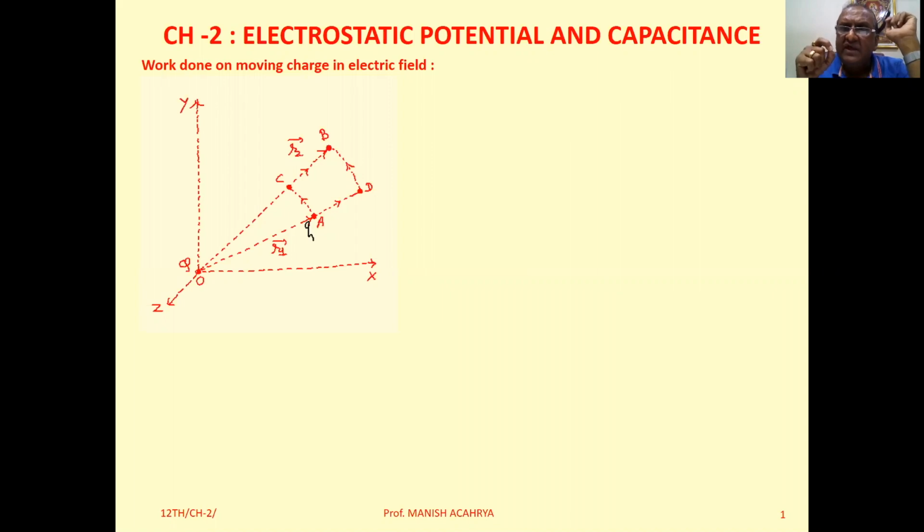So here what we have to do? We have to displace charge small q by an infinitesimal small displacement. The displacement should be so small that for the work done, we can calculate it as for a constant force.